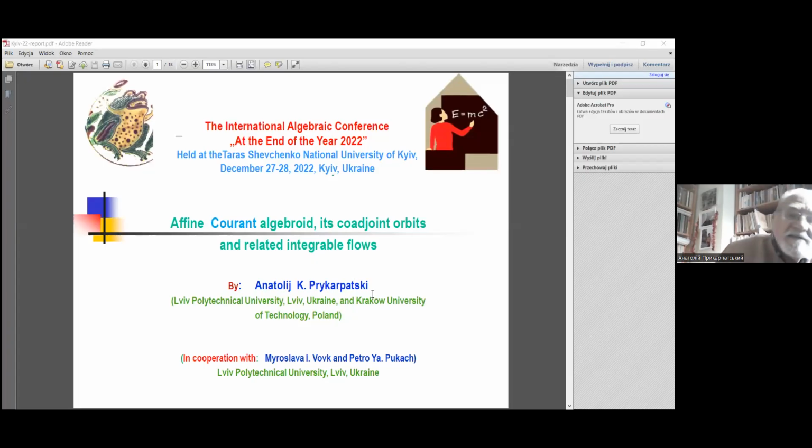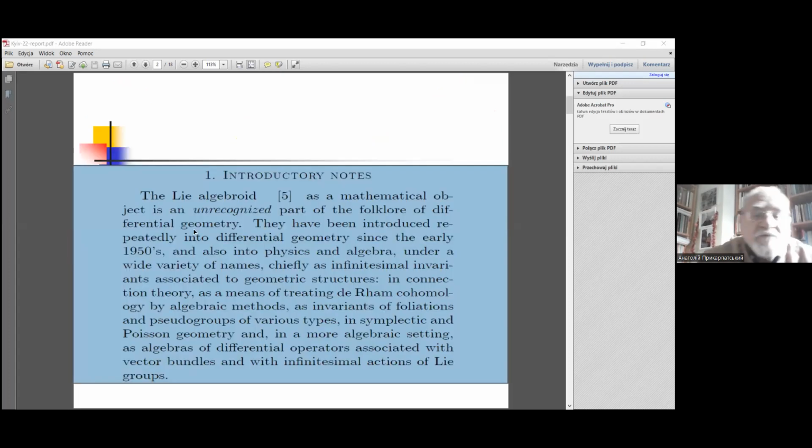So my object is the algebroid, which was invented many years ago, in the middle of the past century. It appeared in many works and has a lot of different applications in geometry, in connection theory as a means of treating the rank cohomology, in algebraic methods such as invariant theory of foliations and pseudo-groups of various types, in symplectic and Poisson geometry and so on.